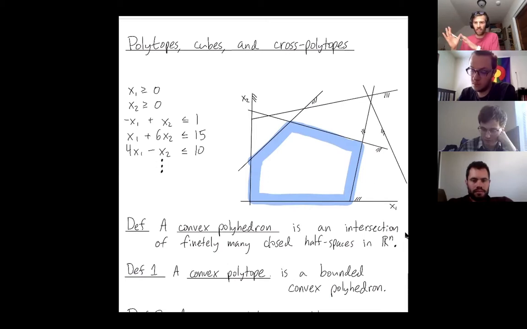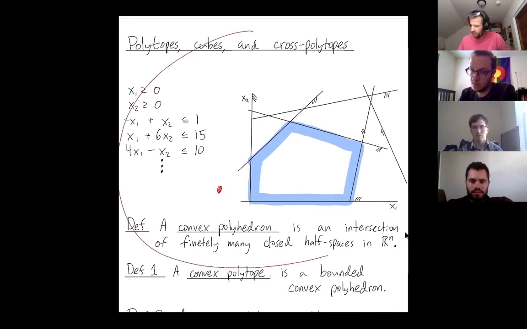So if you're a math grad student, you probably know what bounded means. If not, let me just tell you sort of informally out loud what it means for a shape to be bounded. So a shape in Euclidean space is bounded if you can find a ball that's large enough so that your ball contains the shape. Okay, so here I found a ball. It has a finite radius.